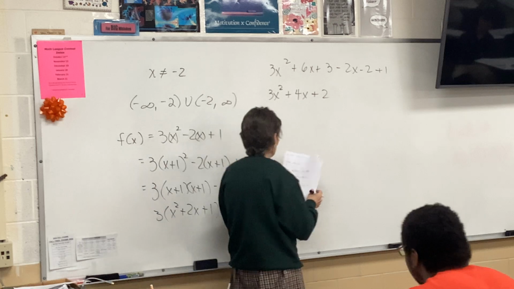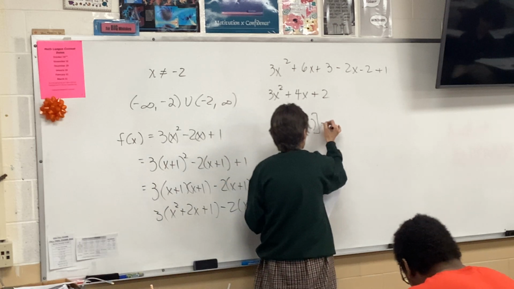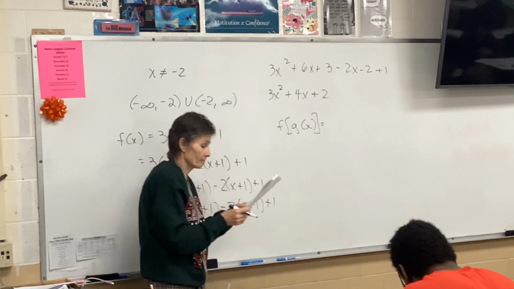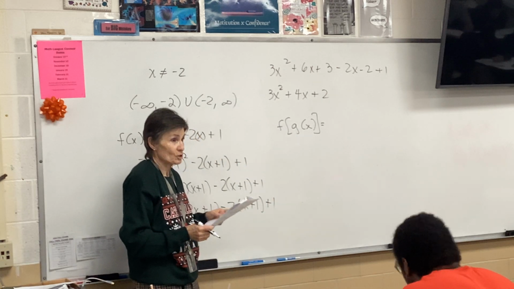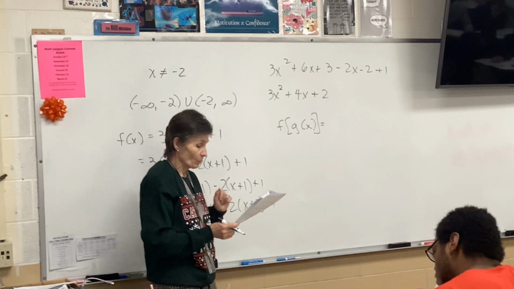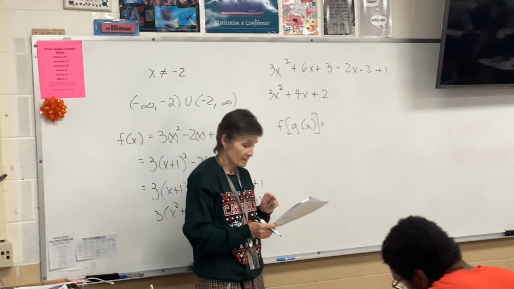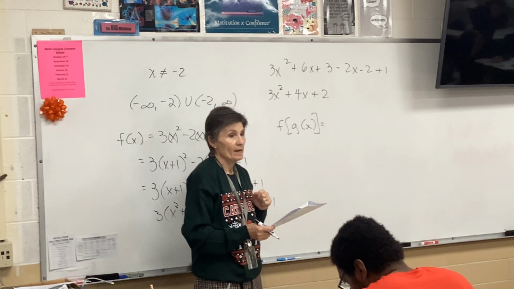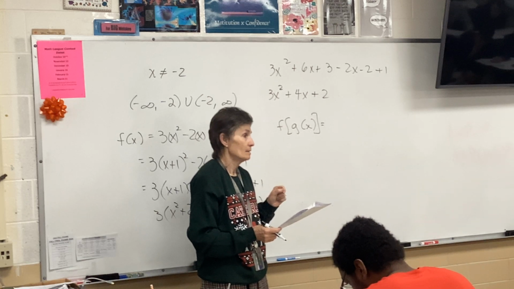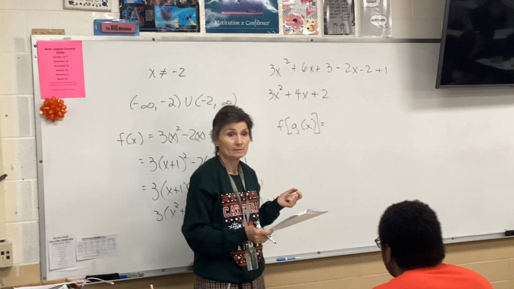All right, number 10. How do I find f of g of x? It actually is going to be exactly like the problem we just did, because we're going to take the g thing, which is x plus 2, and we're going to plug it in for all of the x's in f.